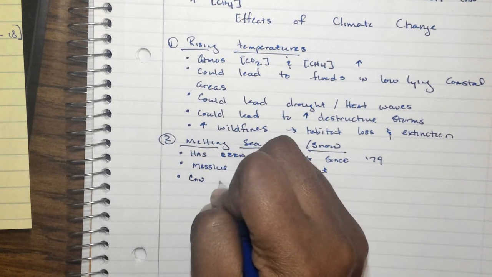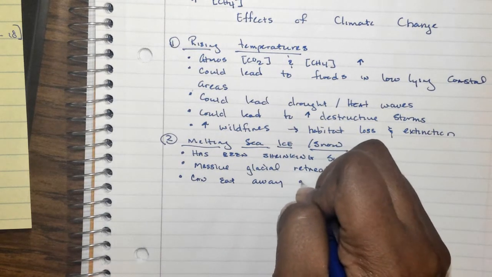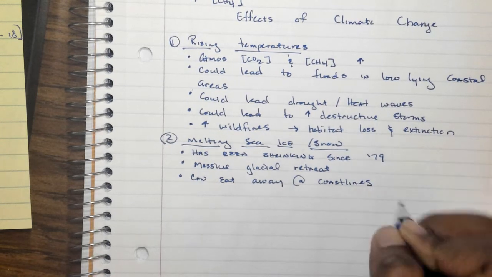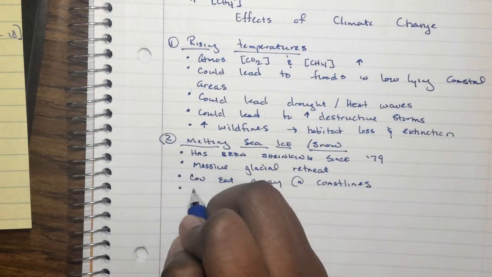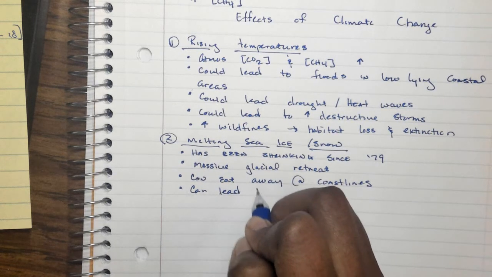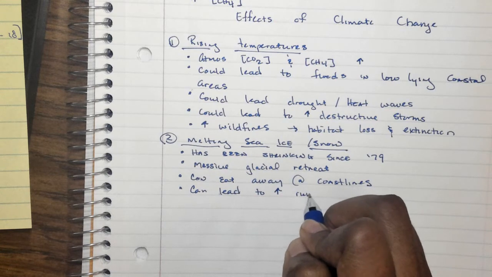This can also eat away at coastlines. This can lead to greater runoff because of the increased rain.